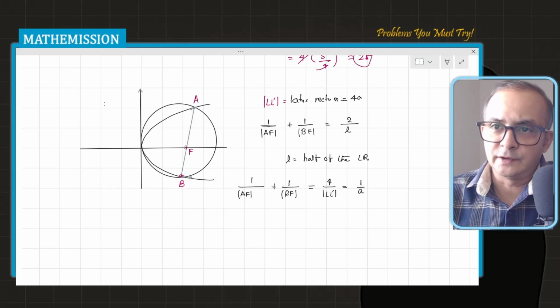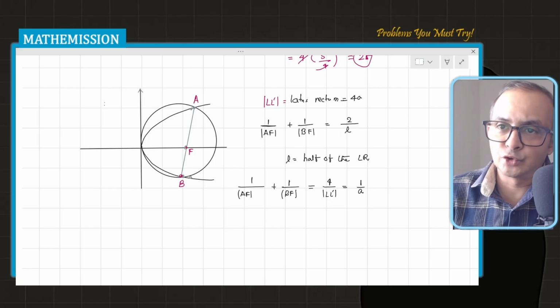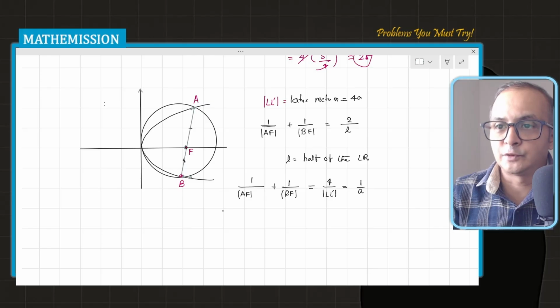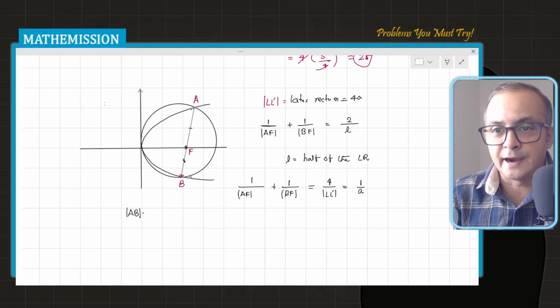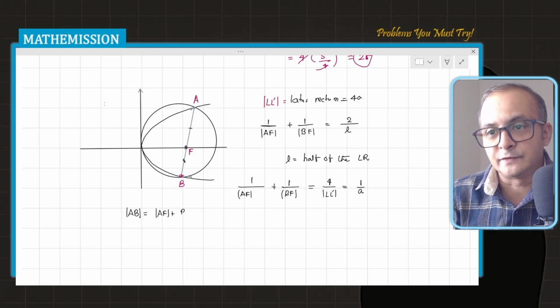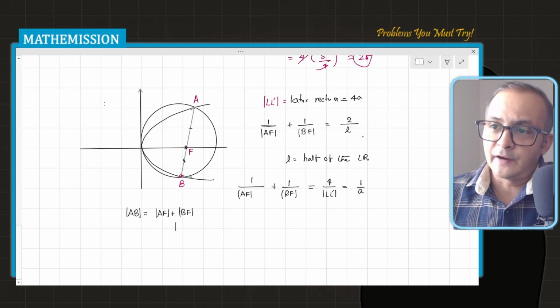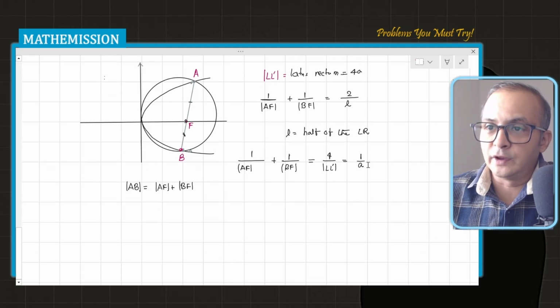What I need actually? We need the sum of these two pieces. This is AF and this is BF. I have to find the length AB by just adding up these two pieces, the AF and the BF. Isn't it? Yes. So if I get, because a I know, a is 4.